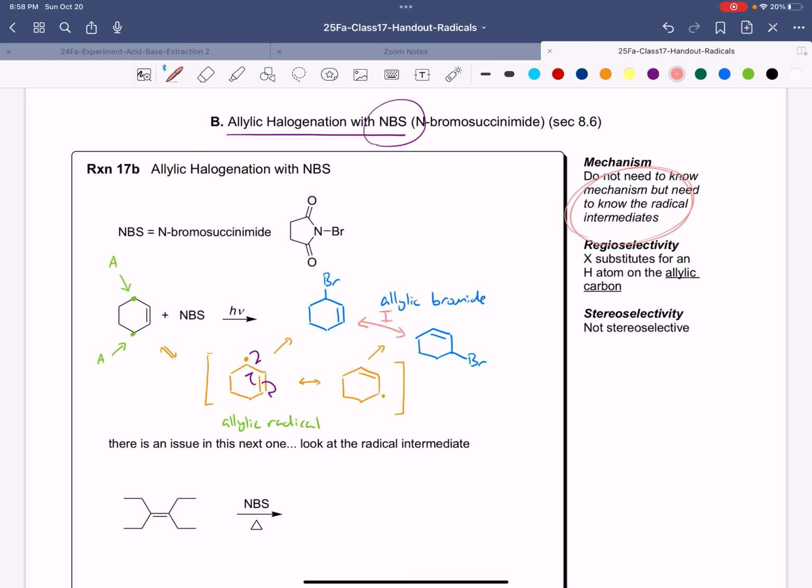A lot of times they're not going to be identical because your two allylic radical resonance structures are different, but in this case, they result in the same product. Okay, so with allylic halogenation, you need NBS and either light or heat. So we have here light.